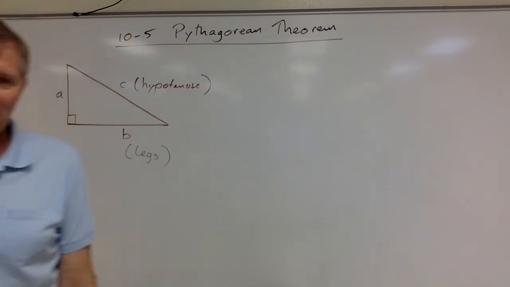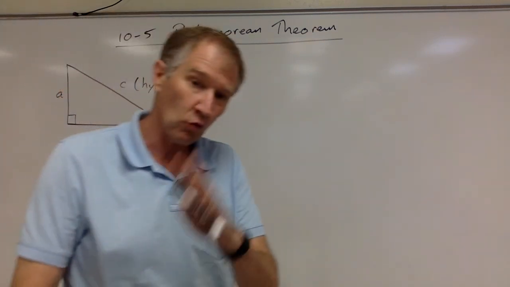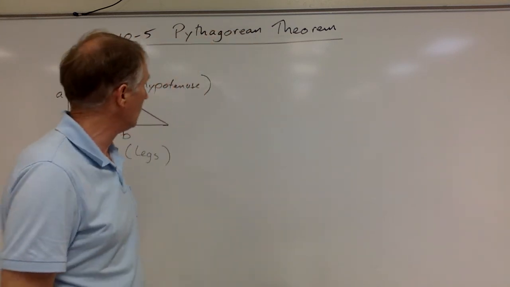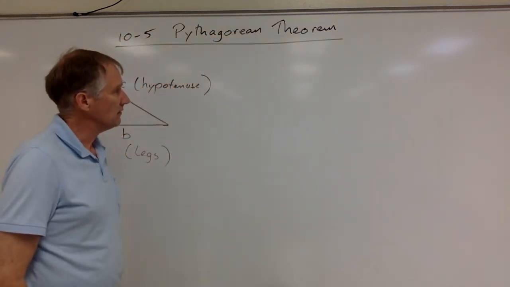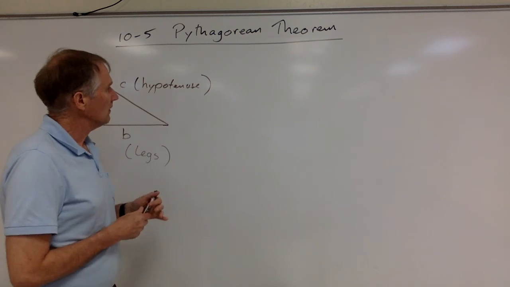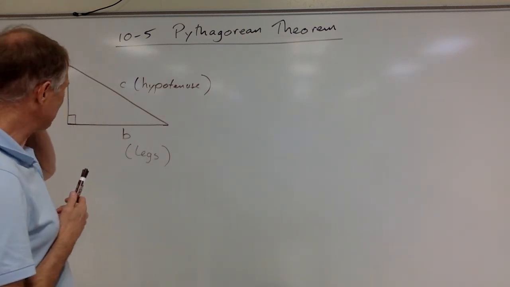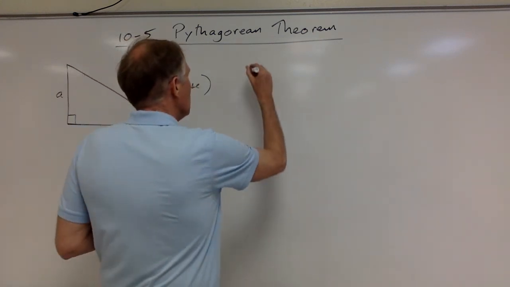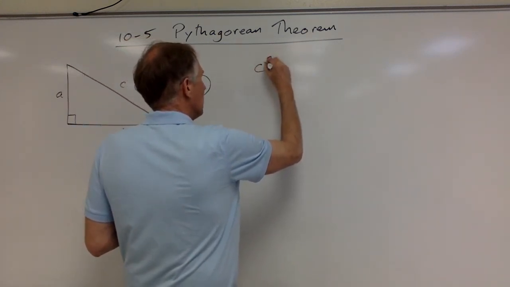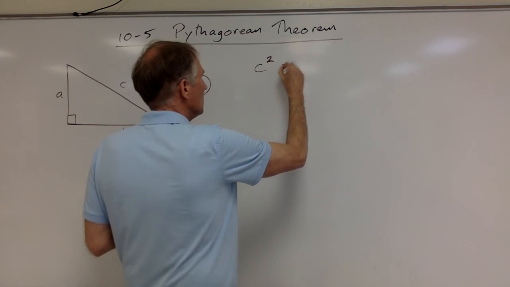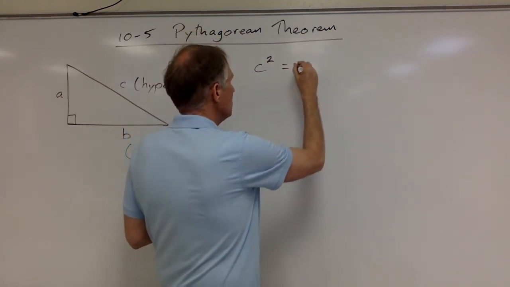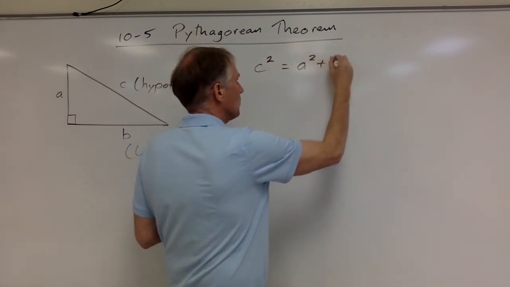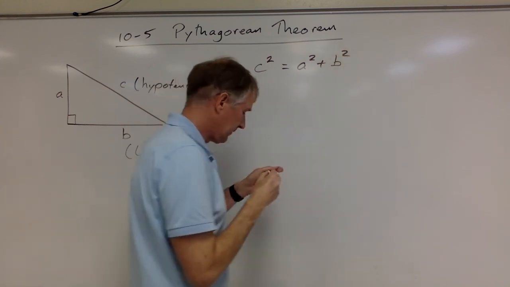And what Pythagoras actually figured out, he's a real guy, Pythagorean theorem, Pythagoras, from ancient Greece, if I remember correctly, is that the hypotenuse squared equals the sum of the squares of the legs.